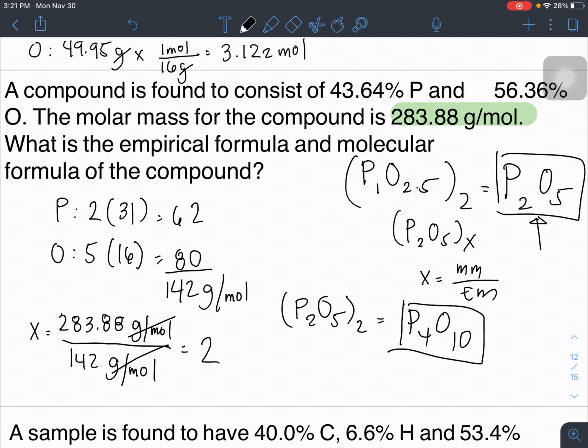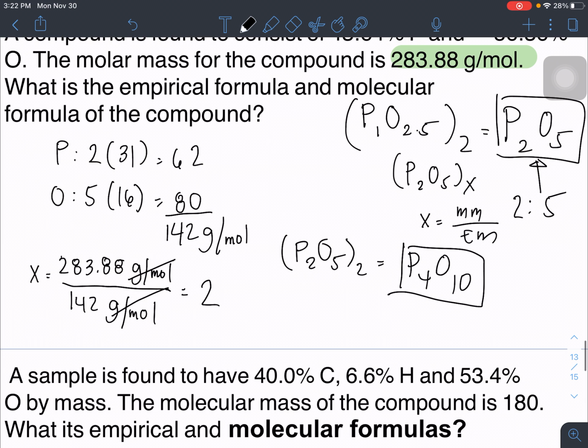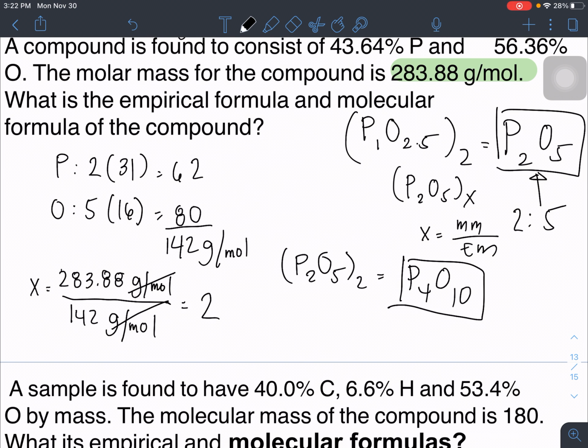So, empirical formula tells us that the actual ratio of phosphorus to oxygen in the compound is 2 phosphorus is to 5 oxygen. The molecular formula tells us the actual number of atoms of each element. So, the actual number is there are 4 phosphorus and 10 oxygen atoms present.